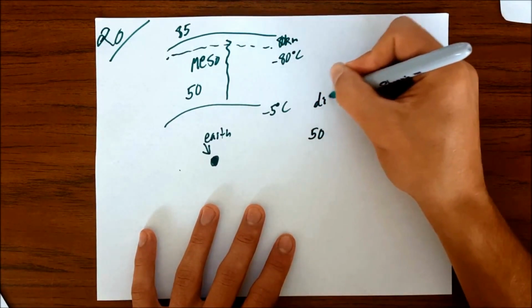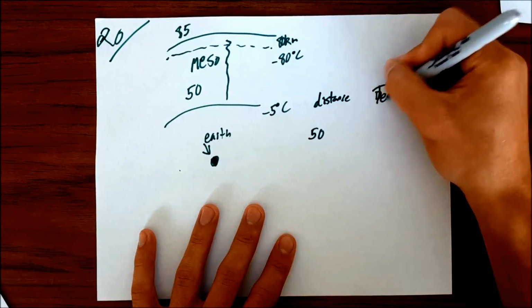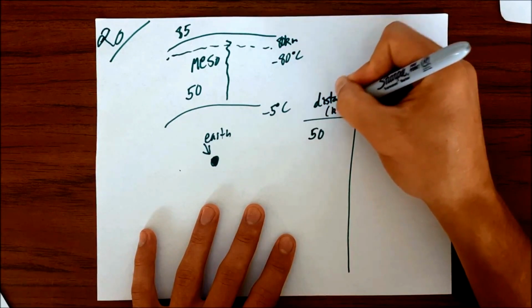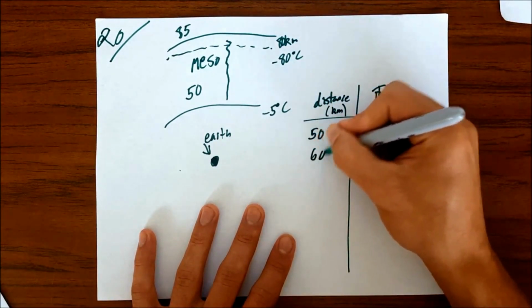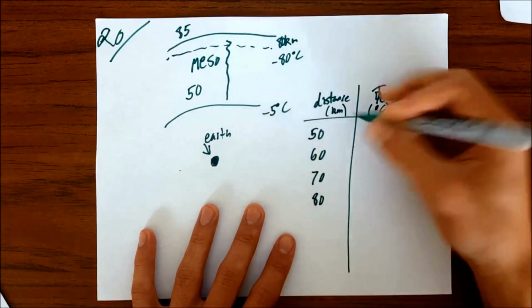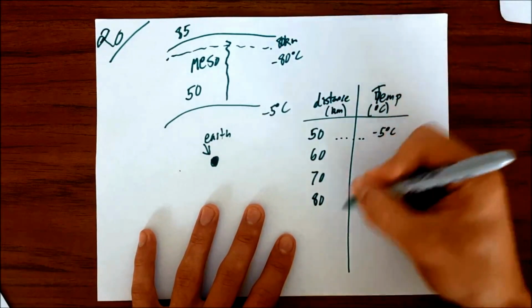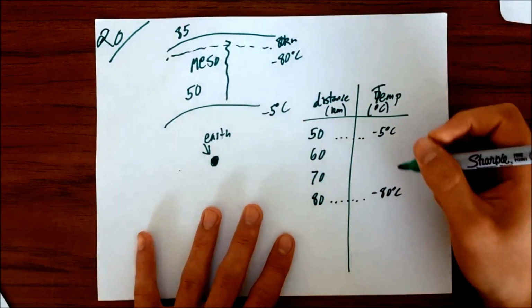So we're going to make another chart: distance and temp. This is going to be in kilometers, and this is going to be in degrees Celsius. Okay, so this is 50, 60, 70, 80, and we're given that at 50 kilometers, it's at minus 5, and at 80 kilometers, it's at minus 80 degrees Celsius.